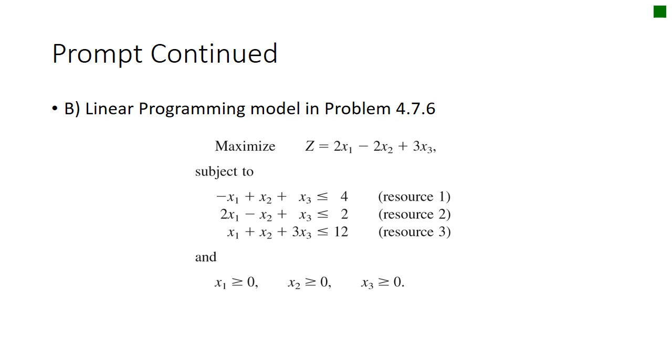The second part of the prompt, part B, says that we need to find the dual of the linear programming model in problem 4.7.6, and that model is listed below.